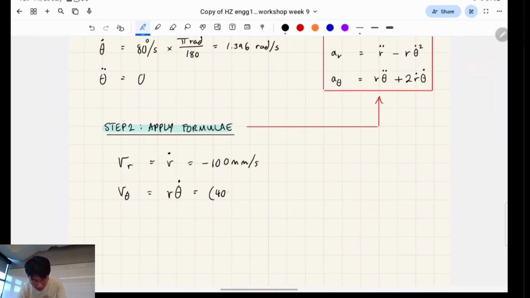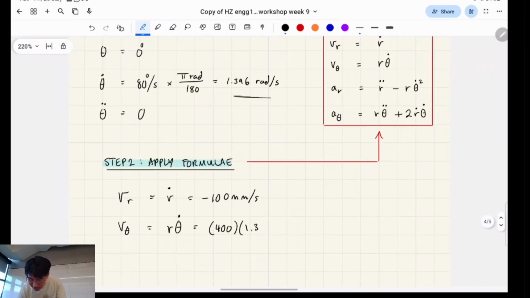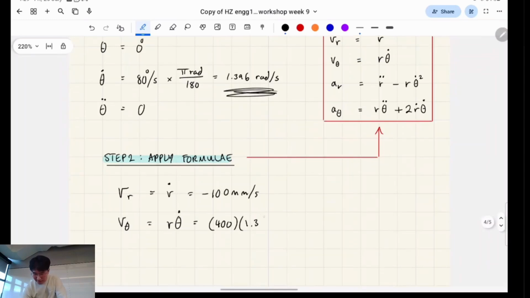The radius was 400 at that instance in time that we're analyzing, and the rotation per second is this in radians, right?